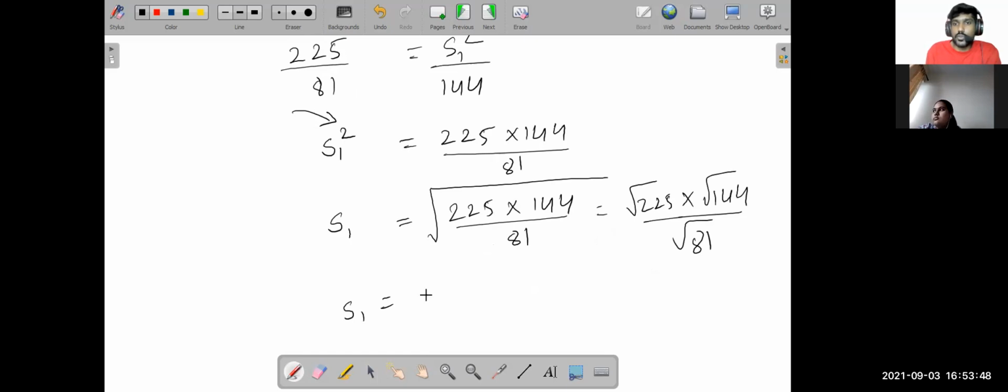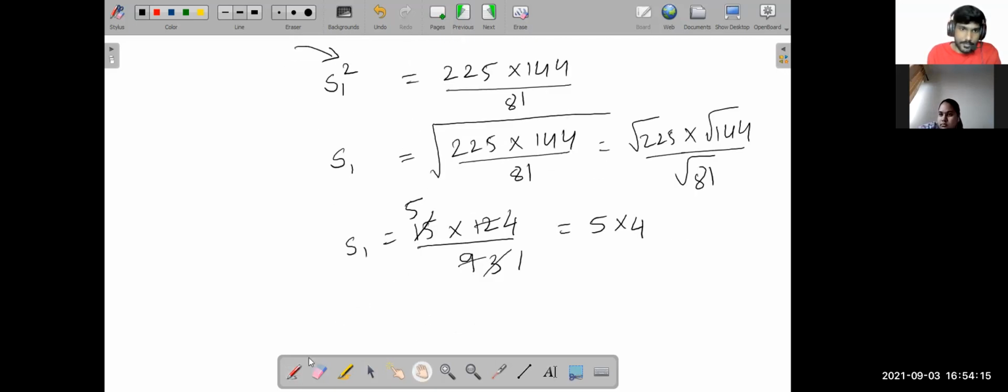Now what is square root of 225? 15. Square root of 144, 12, and 81, 9. So you can do the cancellation here. 3 3s are 9, 3 4s are 12, 3 1s are 3, 3 5s are 15. So you have 5 into 4, that is 20.